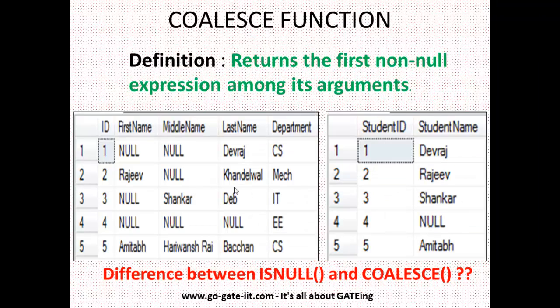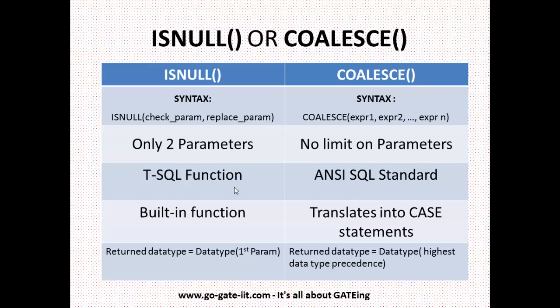The very basic doubt that comes to mind is what is the difference between ISNULL and the Coalesce function. Let's see how ISNULL and Coalesce differ from each other. First, the syntax difference: ISNULL accepts only two parameters, a check parameter and a replace parameter, and in Coalesce you can pass any number of parameters.